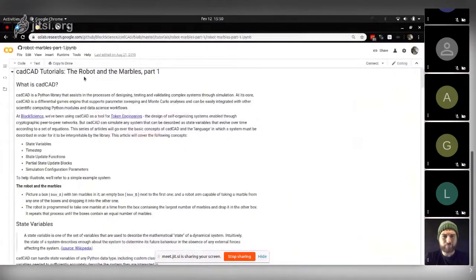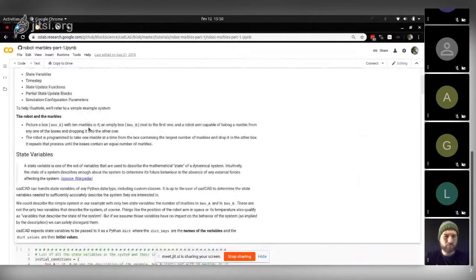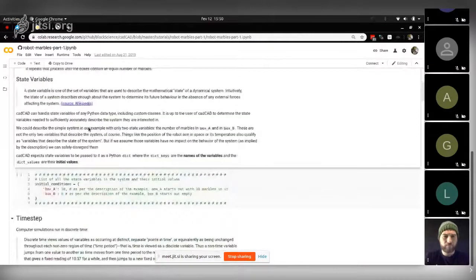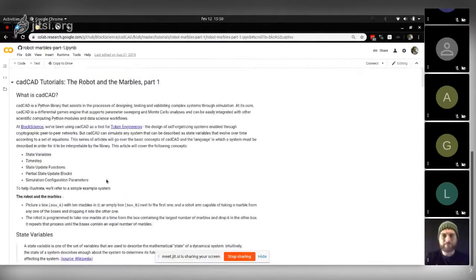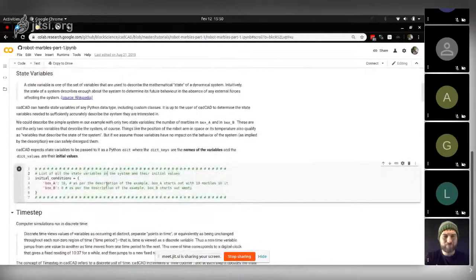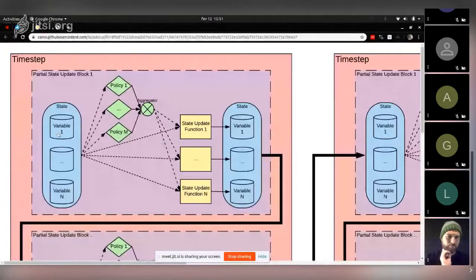And in this tutorial, we will explore some of these things in a simpler way. So, in the first one, we will enunciate the basic structure of cadCAD. So first, you always have initial conditions, which represents the state at time 0. It represents basically in this picture, the state here at the beginning, where nothing happened.